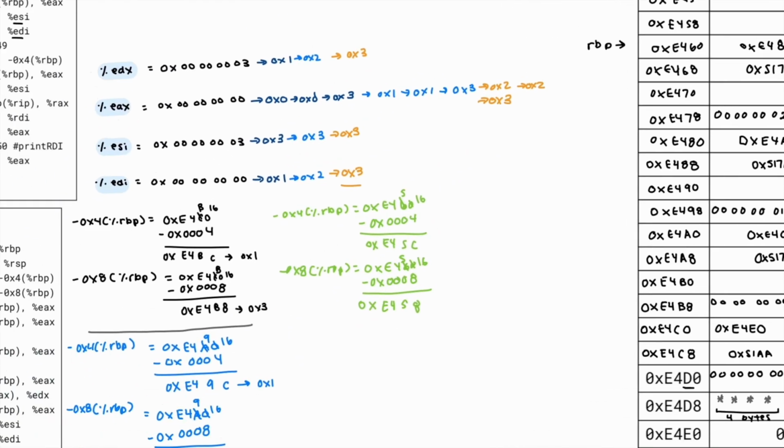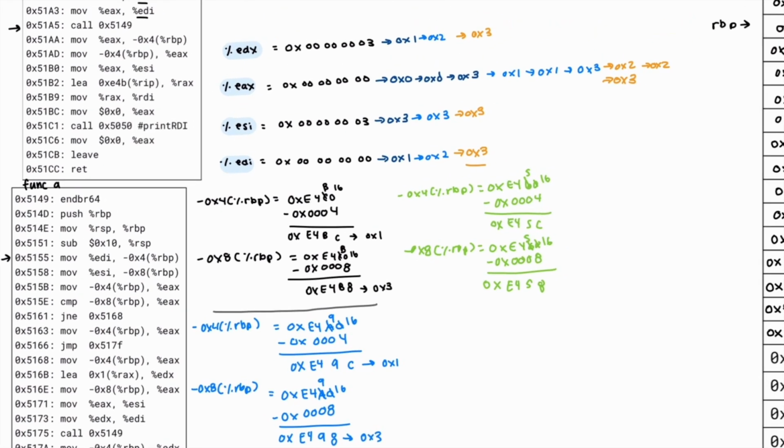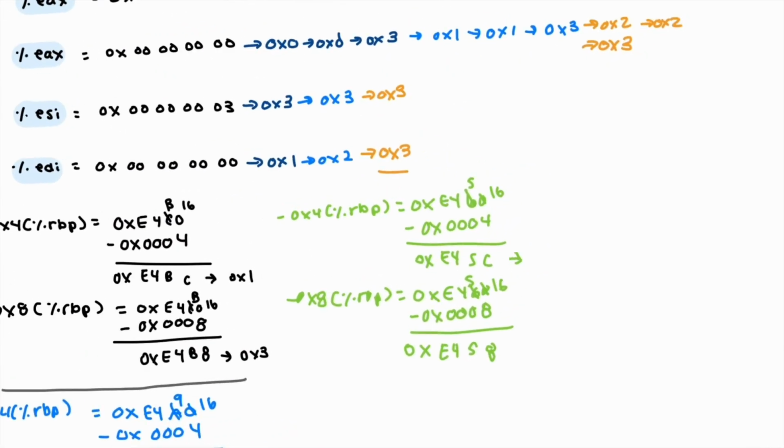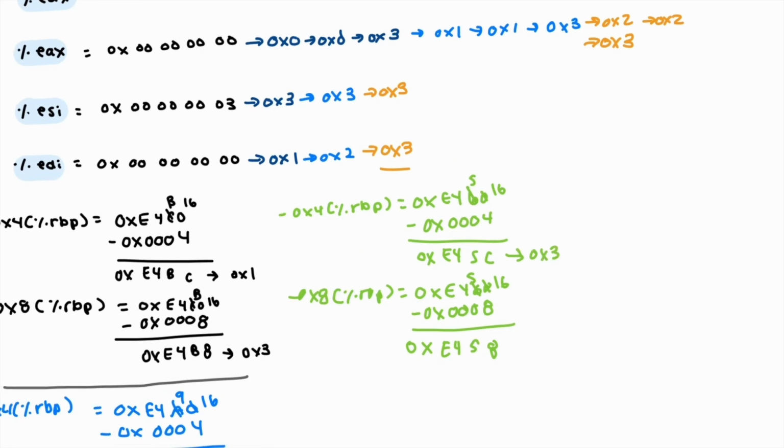Okay, so then we're moving EDI into minus 4. So EDI is 0x3 right now. That's the new value we calculated from the last time. And then E458 will remain as 0x3.